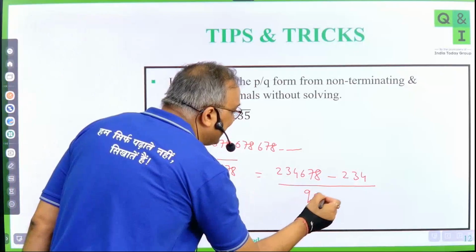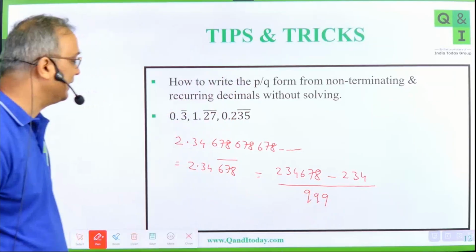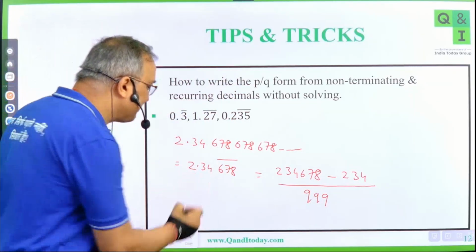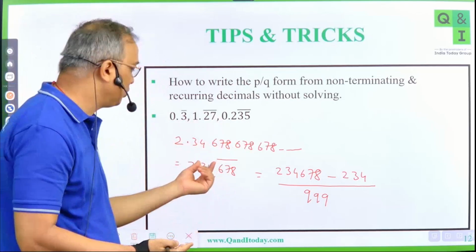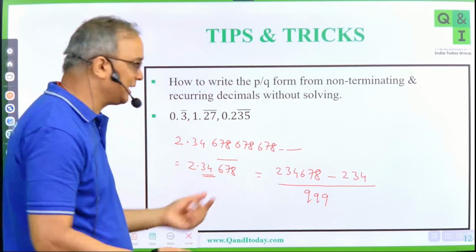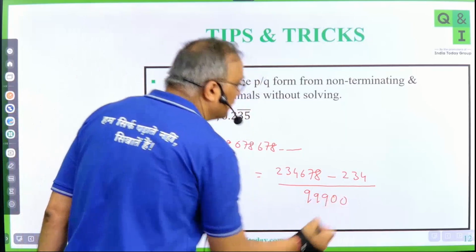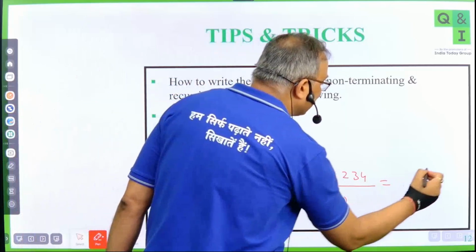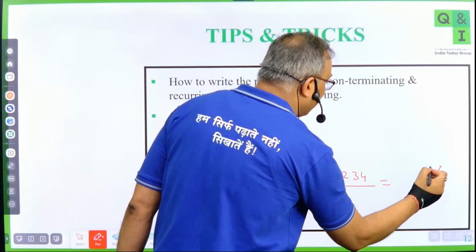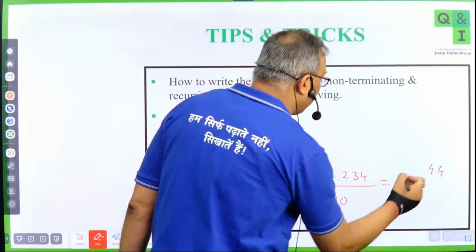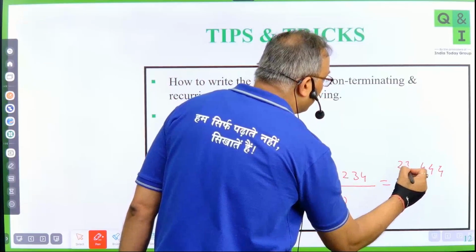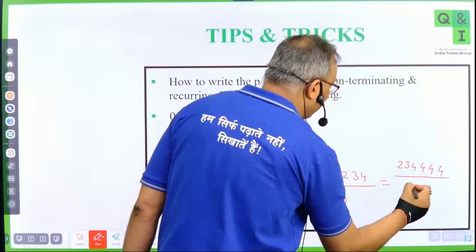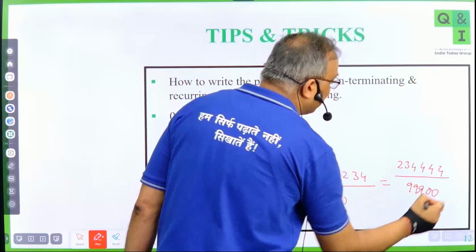So there are 3 digits which are repeating, so three 9s, followed by as many zeros as the digits after the decimal which are not repeating. There are 2 digits after the decimal which are not repeating, so there will be two 0s. So I can directly write it as 8 minus 4 is 4, 7 minus 3 is 4, 6 minus 2 is 4, and then 2 3 4. So 234444 divided by 99900.